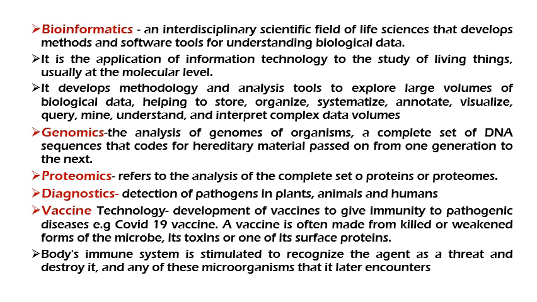So the messenger RNA that gives rise to that protein coat is now being used to develop immunity against the virus itself. So the immune system is stimulated to recognize the agent as a threat and destroy it. And then all these microorganisms that it later encounters. That's how we build immunity against viruses. And that's how the war against coronavirus was achieved.